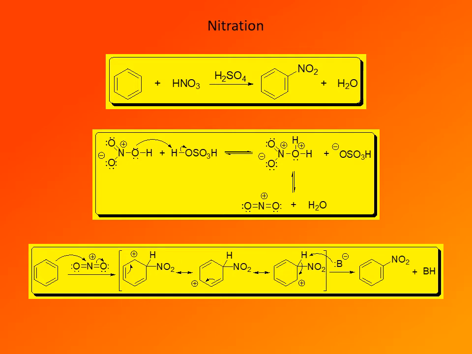Now the nitronium ion as an electrophile reacts with benzene to give the intermediate cyclohexadienyl cation. We have already seen that before. And then one of the bases present in the reaction mixture, for example a molecule of water, deprotonates the cyclohexadienyl cation to give the final product, nitrobenzene.